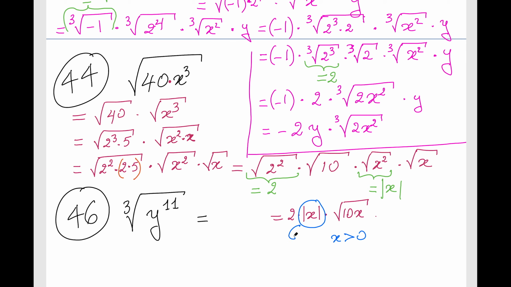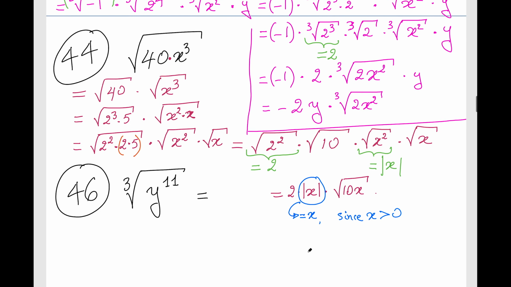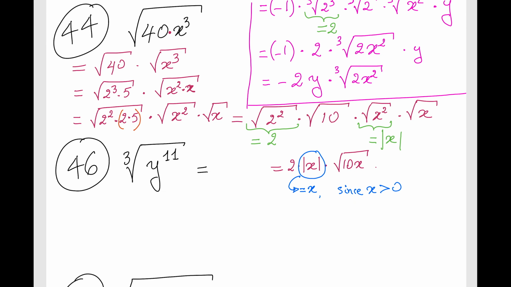So what can you learn about this then? This is simply x, right? The absolute value of a positive number is itself. Correct? So the absolute value of x is x because x is positive. And hence, you can rewrite the whole thing as 2x square root of 10x. Make sense? Okay.